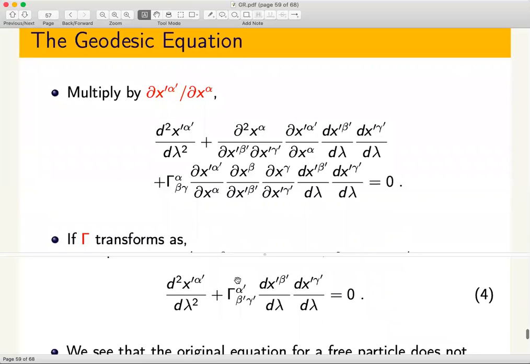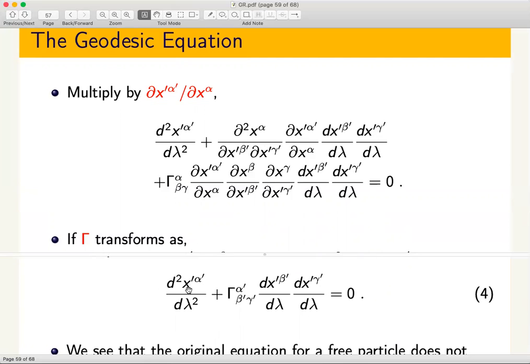Yes, we can. So this is the equation that we were looking at, and this is the transformation of that equation. We start with the equation without primes, and that goes into this equation, and we want this equation to look exactly like this equation.